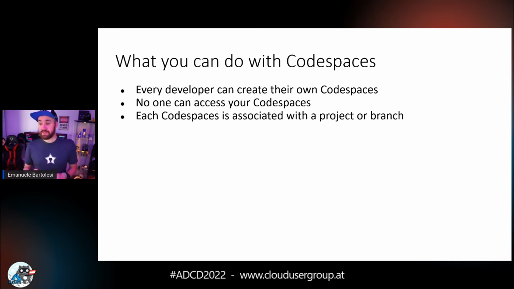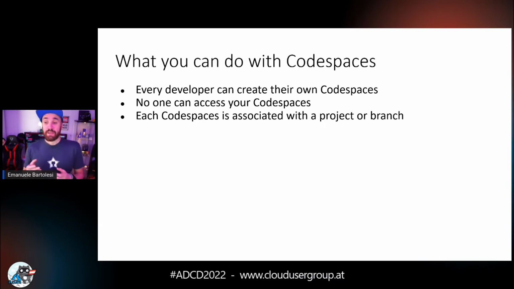And each Codespace can be associated with a project itself or a branch. So you can create a different branch with a different Codespace, for example. This is important because, for example, I work every day with SharePoint Framework, and every SharePoint Framework version, at least in the past, needs a different version of Node.js.